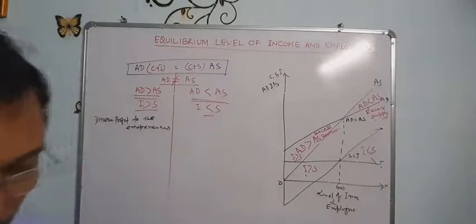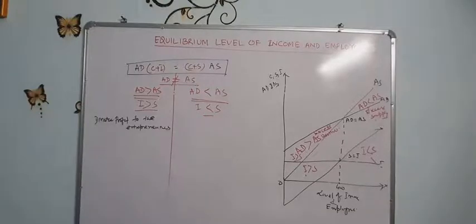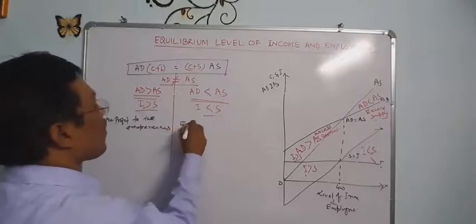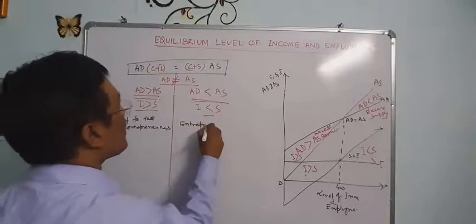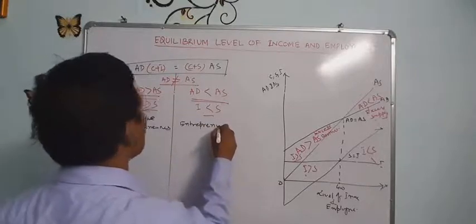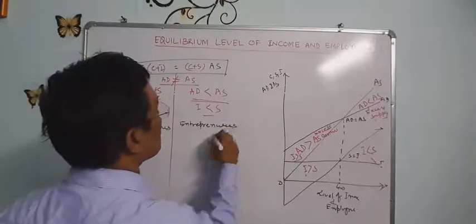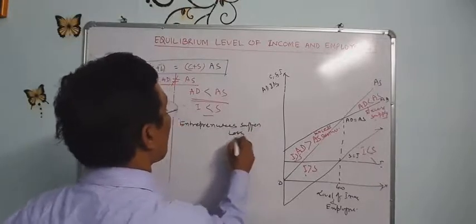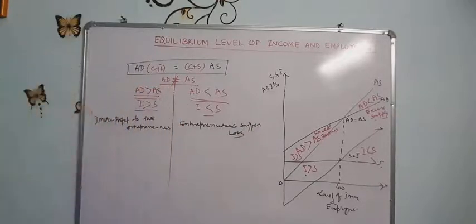When AD is less than AS, the entrepreneur will suffer a loss.